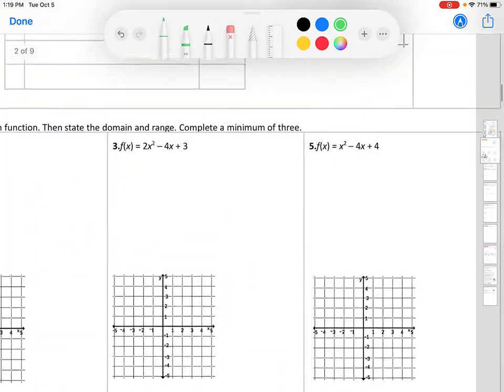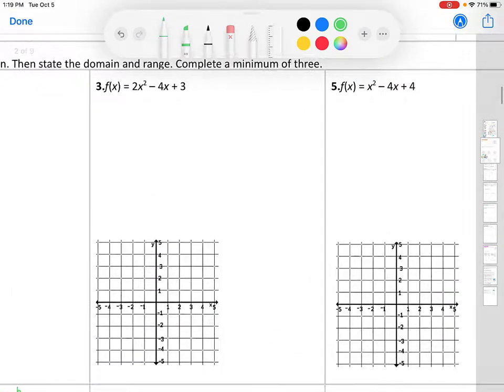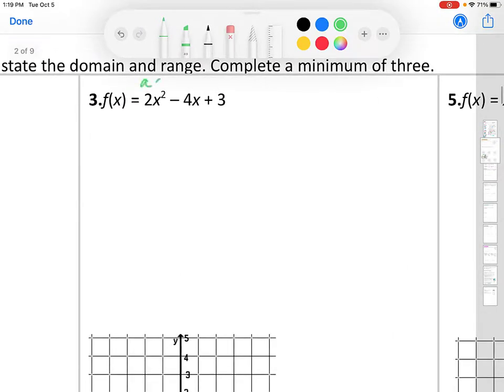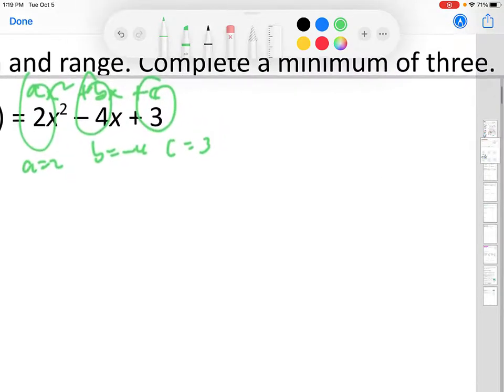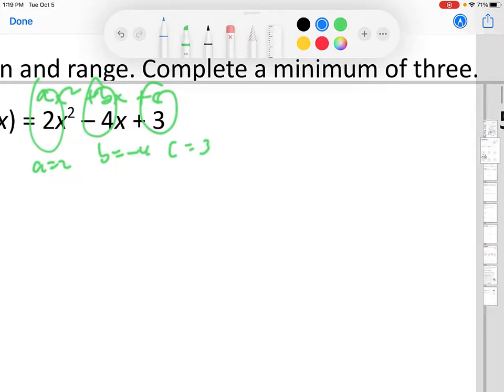All right. Question number 3. We got our ABCs. And then we're going to get our axis of symmetry. X equals negative b over 2a. And we're going to substitute those in.